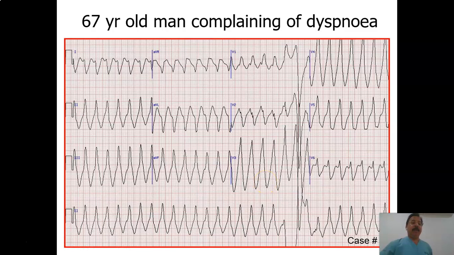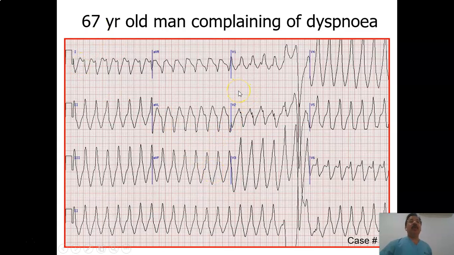And the next step is the axis. Here, a very bizarre axis. Look at V1 and aVF. Looks like bizarre right axis deviation. Very funny axis here.